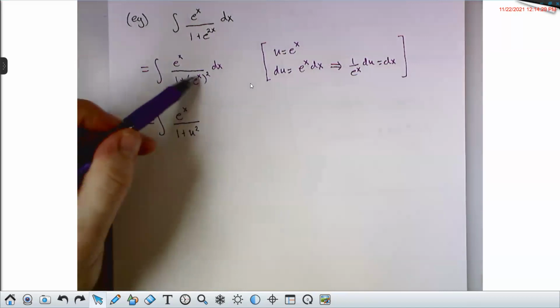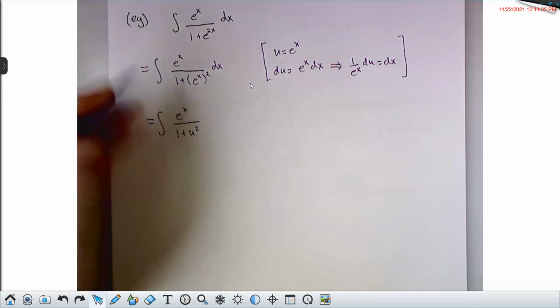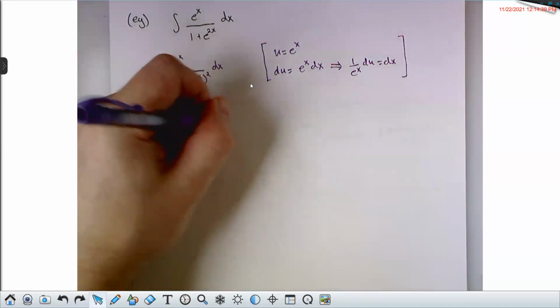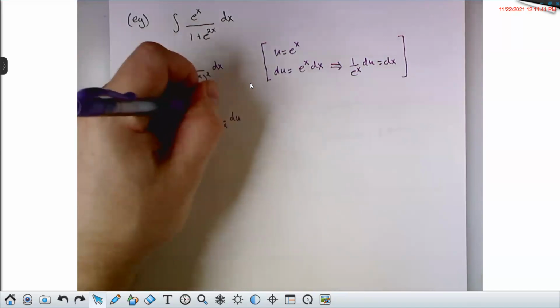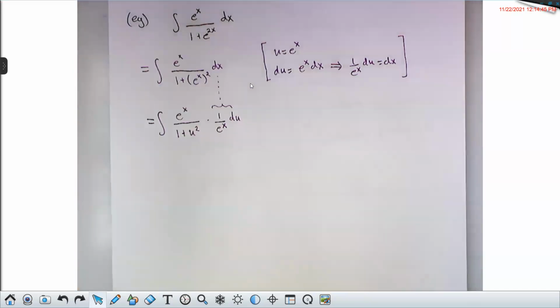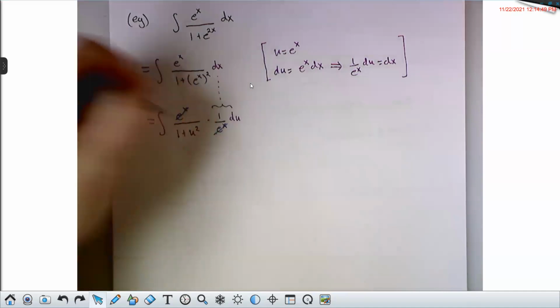So this e to the x I'll rewrite as u, because it's kind of the thing that told me to make the substitution. And then dx is 1 over e to the x du. This whole thing is dx. And the e to the x's cancel.